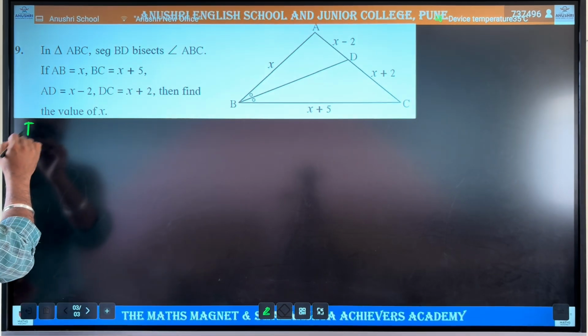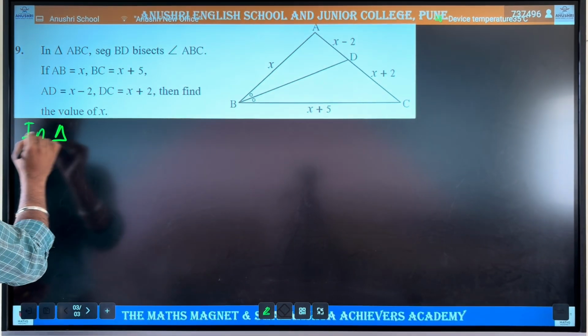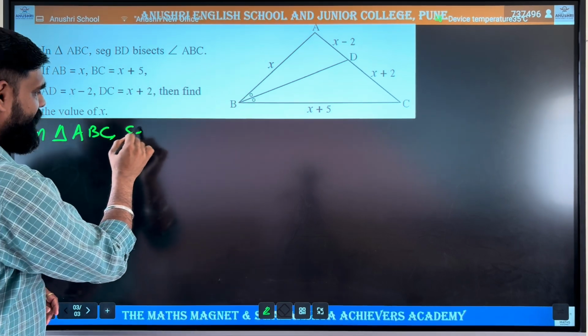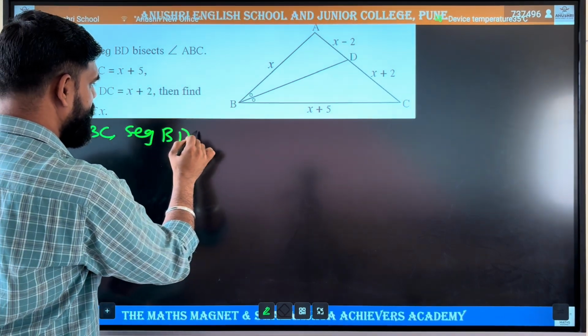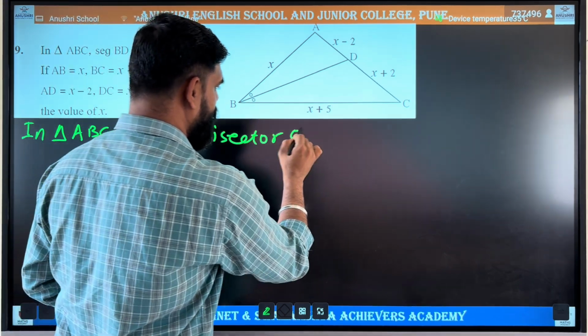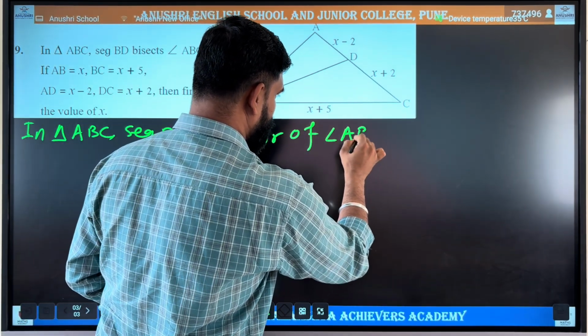So in triangle ABC, segment BD is the bisector of angle ABC.